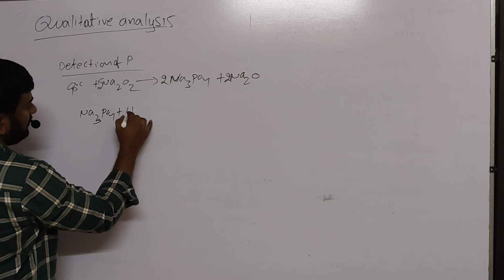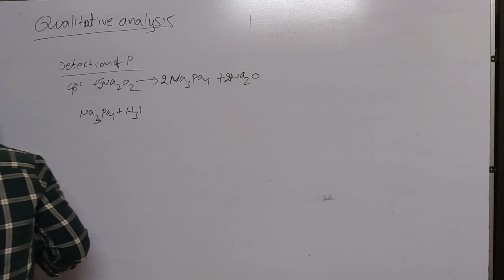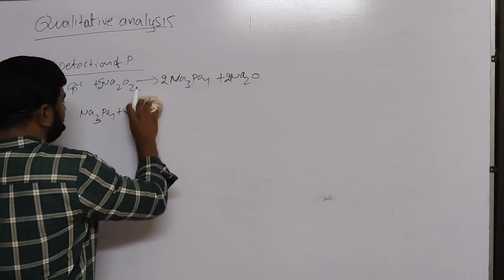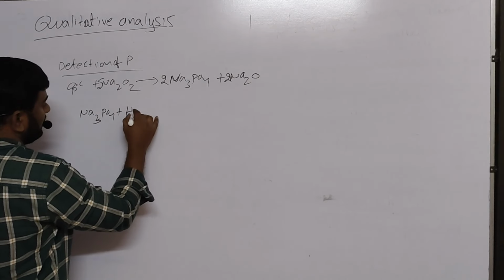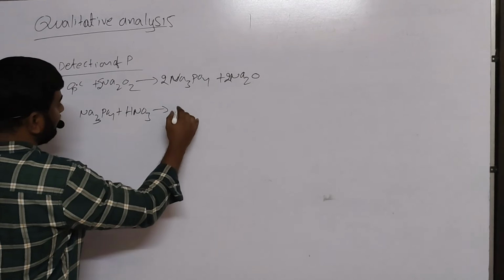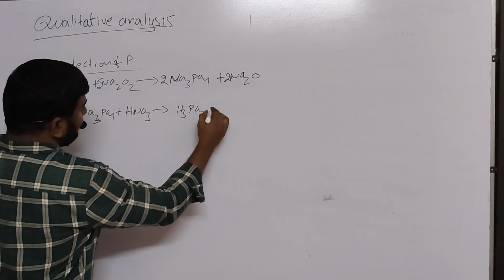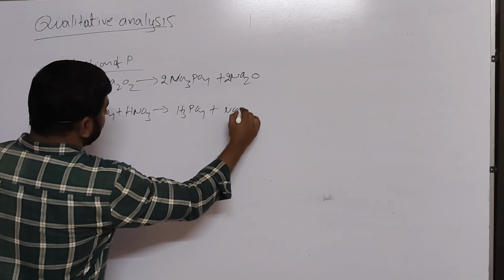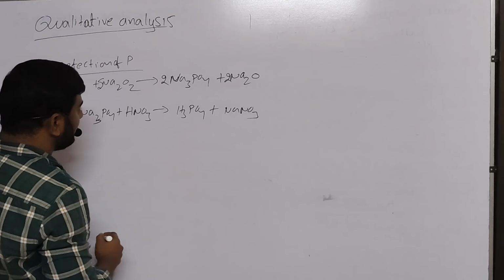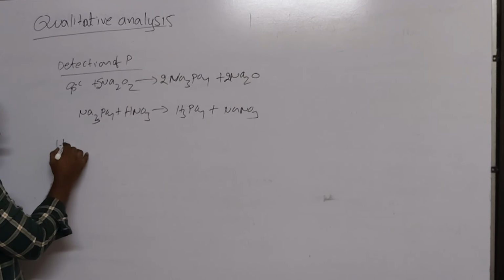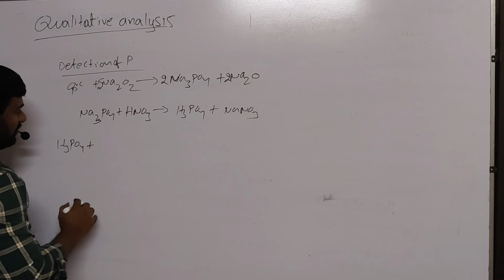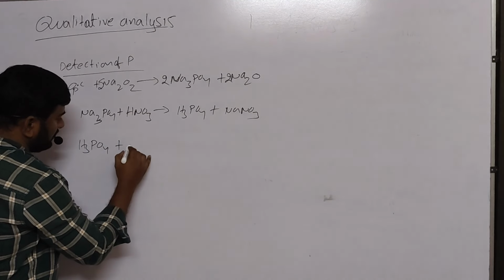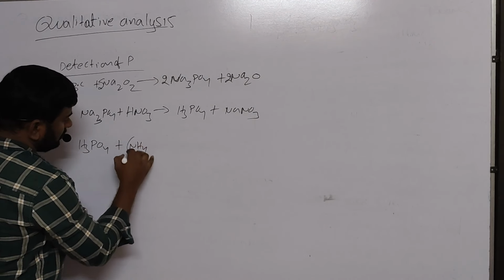This sodium phosphate on heating with dilute HNO3 will give H3PO4, phosphoric acid. To this phosphoric acid, you have to add ammonium molybdate, (NH4)2.